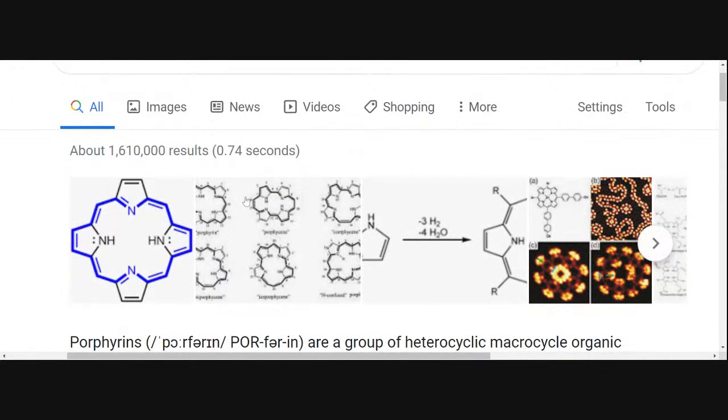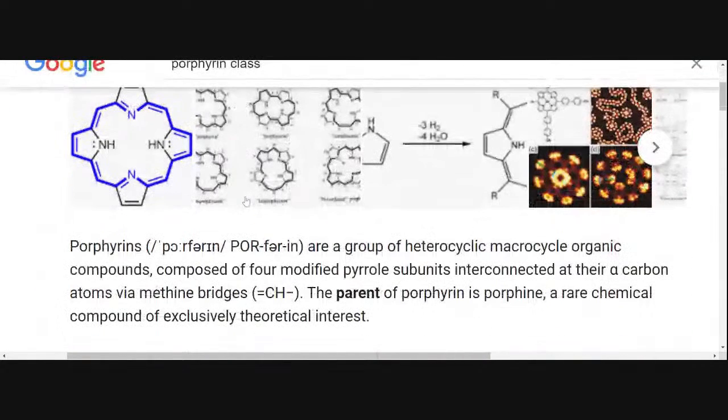this is a porphyrin class. This is how it looks, right? And it already says about porphyrins, right? It says porphyrins are a group of heterocyclic macrocycle organic compounds. Okay? Macro. Everybody knows macro means big. Organic compounds, okay?